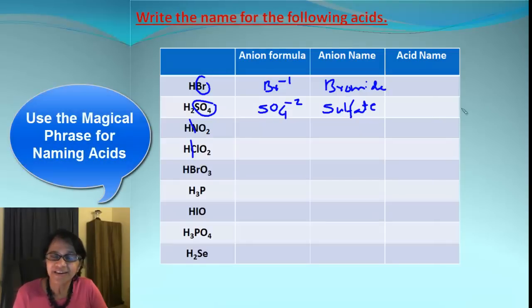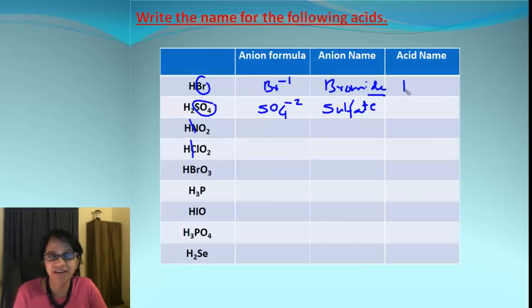Then remember the phrase: it's ending with ide, so it will be "I took a ride on a hydraulic plane", so this becomes hydro, and since we have bromine there, hydrobromic acid. This is sulfate ending with ate, so "I ate something icky", so that becomes sulfuric acid, and so on.